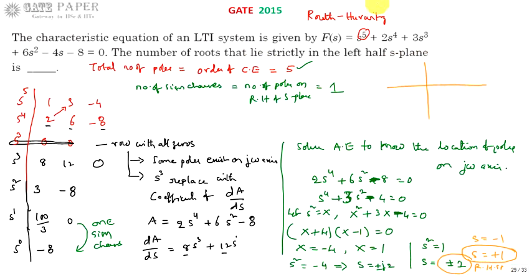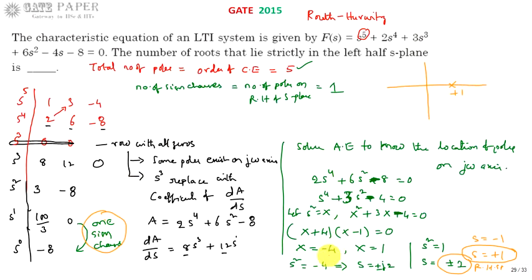So at plus 1 there is a pole on the right hand side. Because of one sign change, you get one right hand side pole, having a magnitude of plus 1.